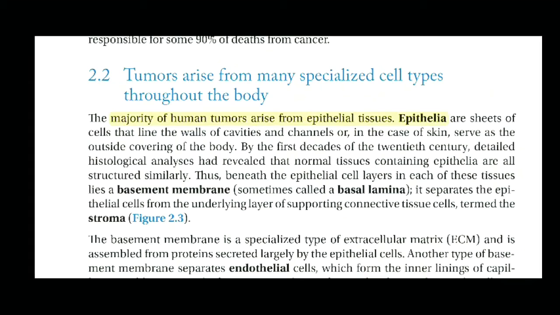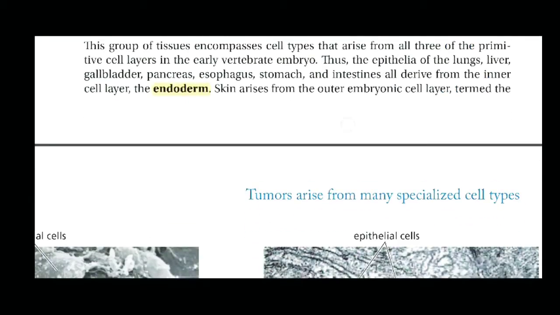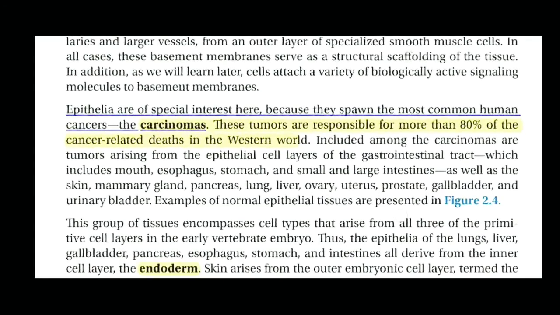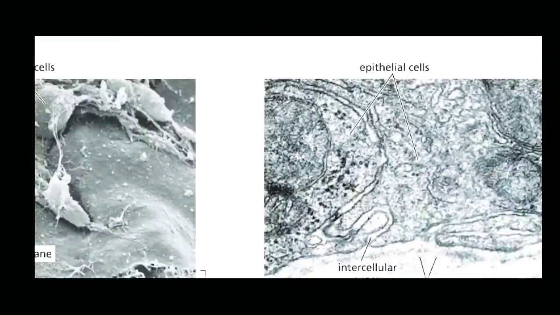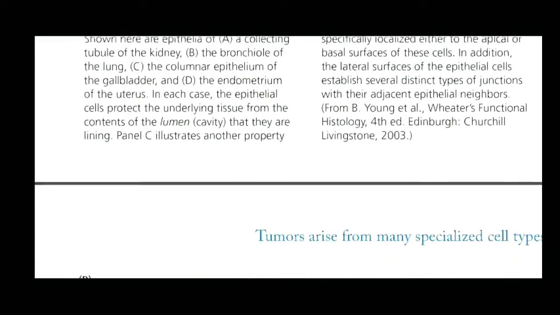The epithelial tissue derived cancers are mostly divided into two types: adenocarcinomas and squamous cell carcinomas. Before going to that, you can see here that 80% of cancer related deaths belong to these carcinoma cases. So carcinomas deal with your epithelial cells.